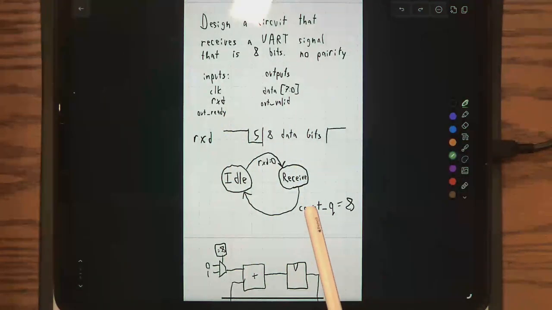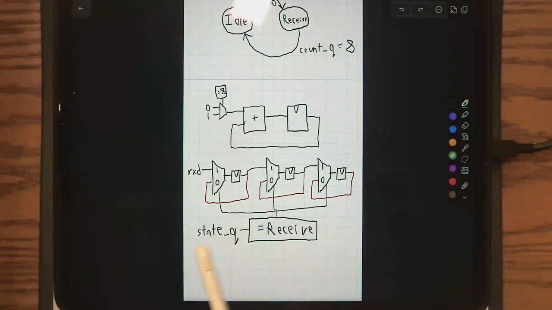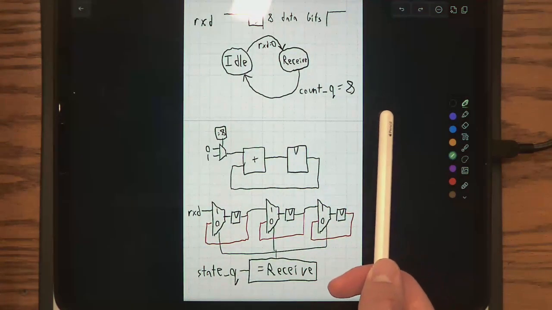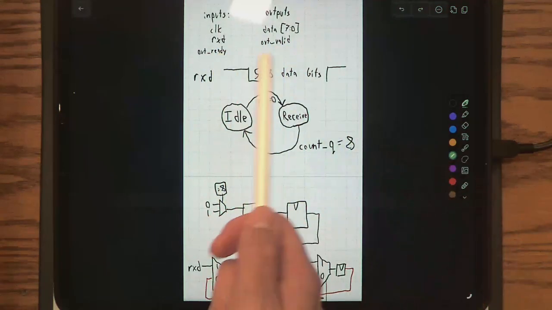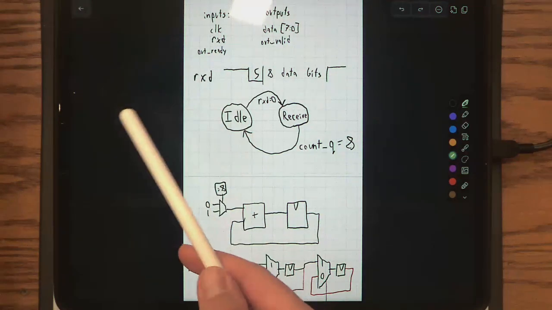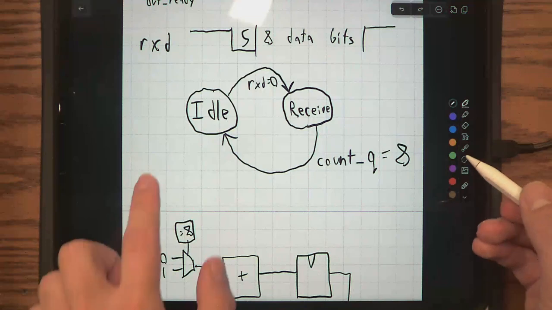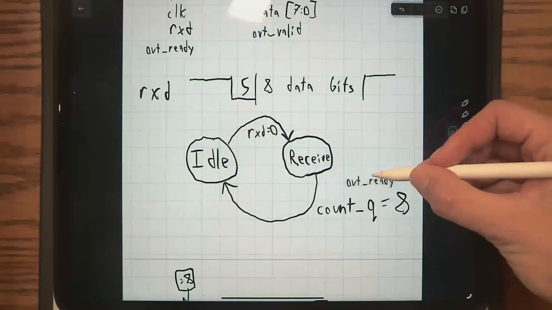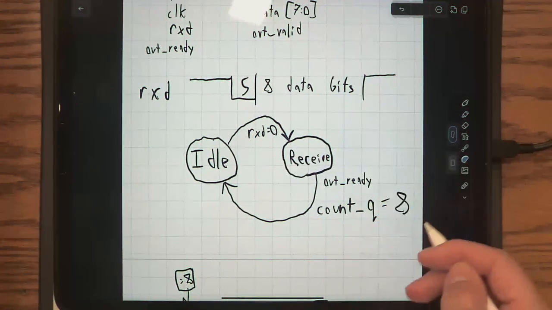So we can say, while our shift register is full, so while count Q is equal to 8, so while we've received all of the data, and also out is ready, then we can move to idle, because we were in fact able to send out that data. So we can have this situation right here.